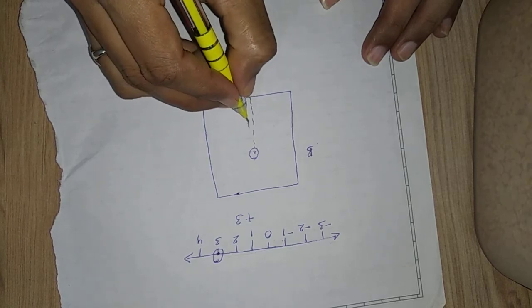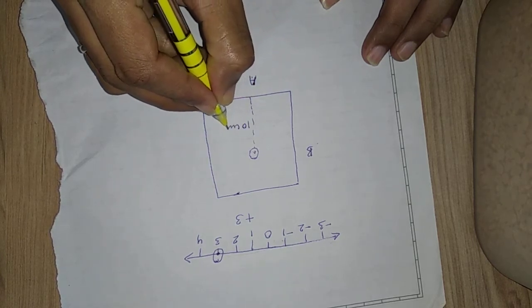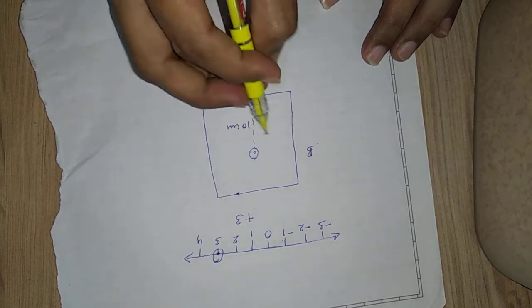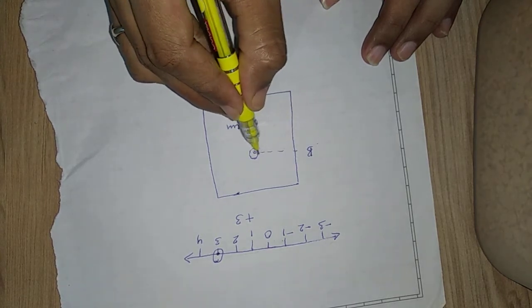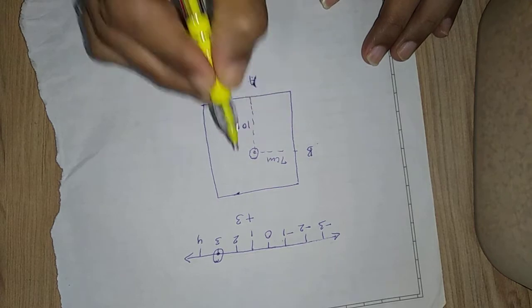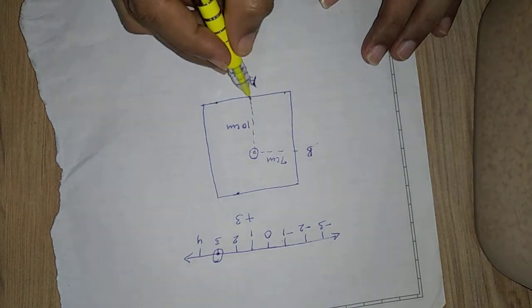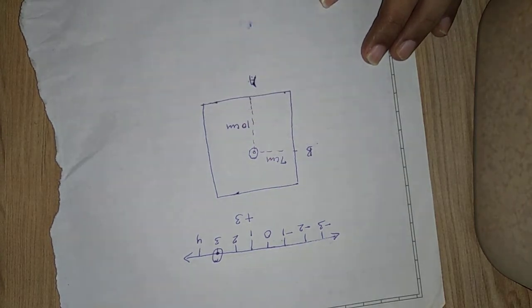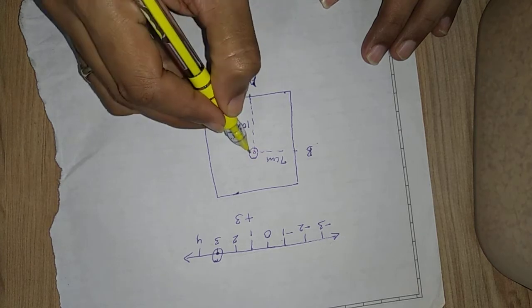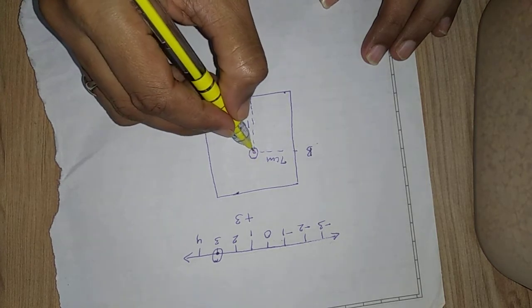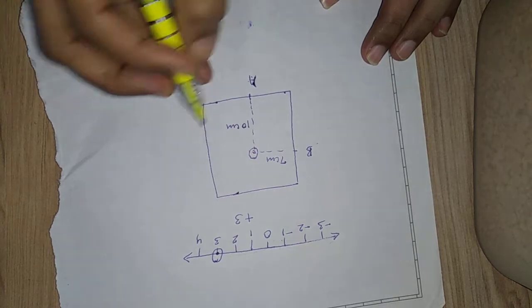If A says that it is 10 centimeter away from me and B says it is 7 centimeter away from me, both are correct. So how can we locate the position of this point?